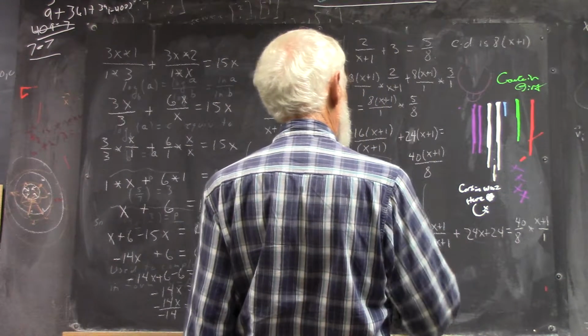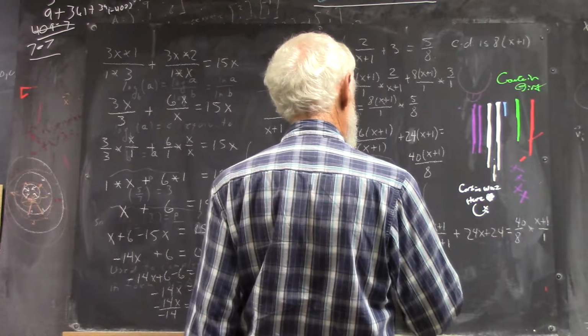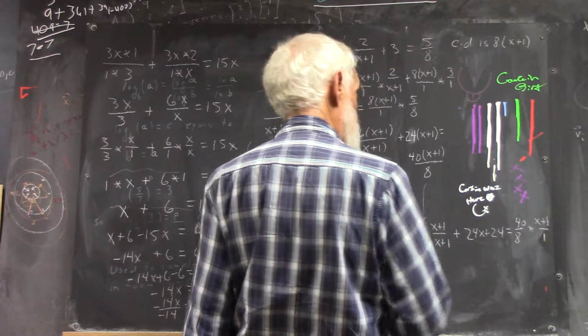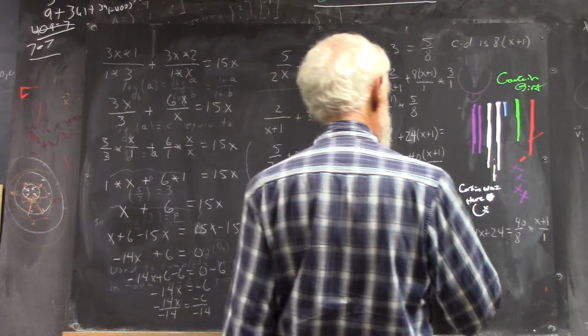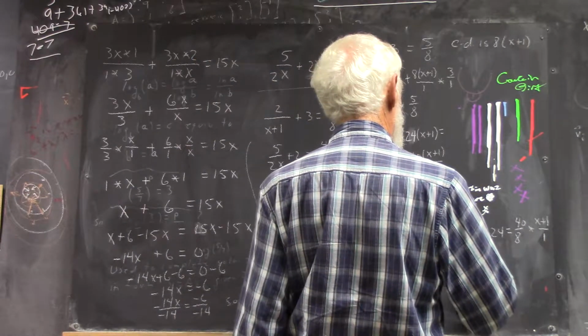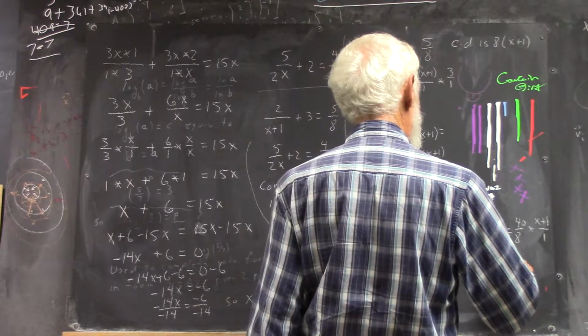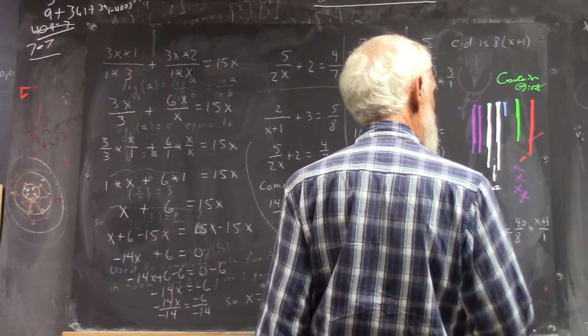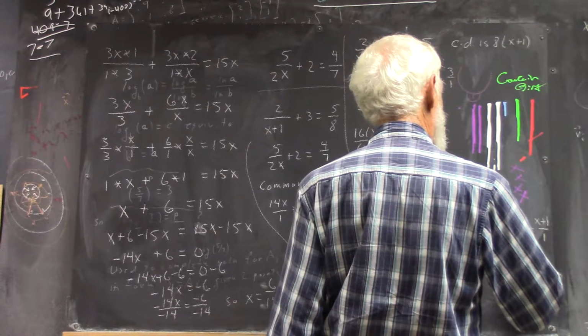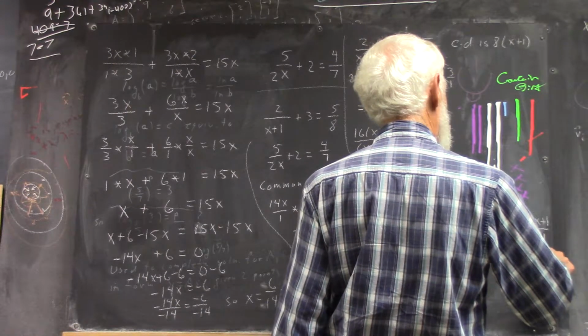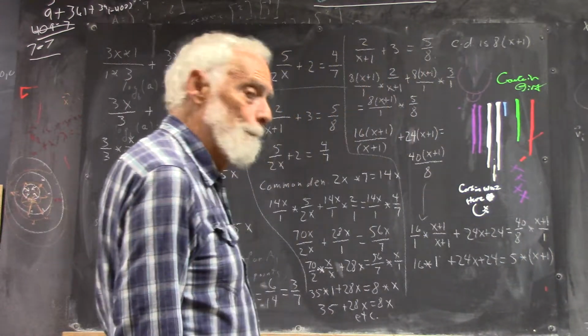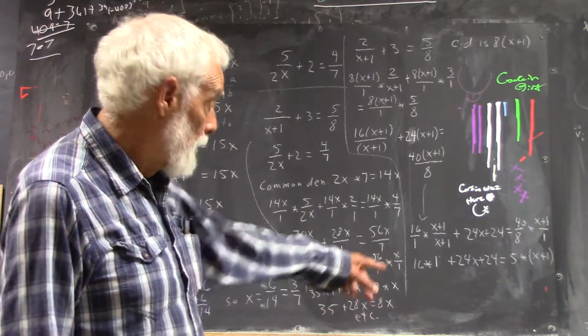Now we can write this as 16 times 1, and we have our 24x plus 24. 40 divided by 8 is 5. That's multiplied by x plus 1. And from there, you can solve it.